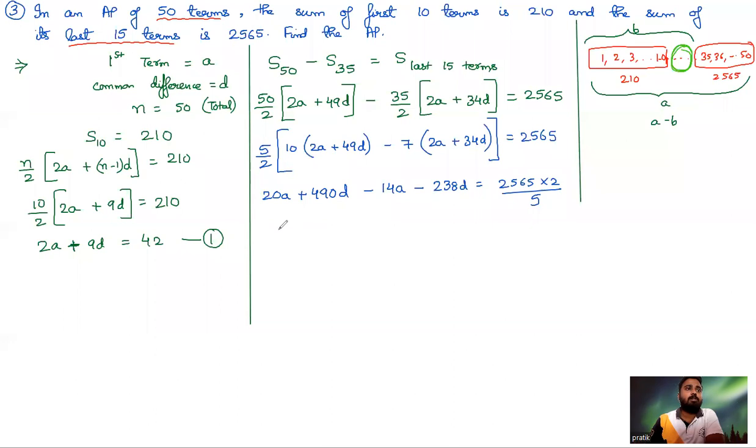So the equation will be 6a, and 490 minus 238 is 252, so minus 252d, is equal to 2565 divided by 5 into 2, which is nothing but 1026.